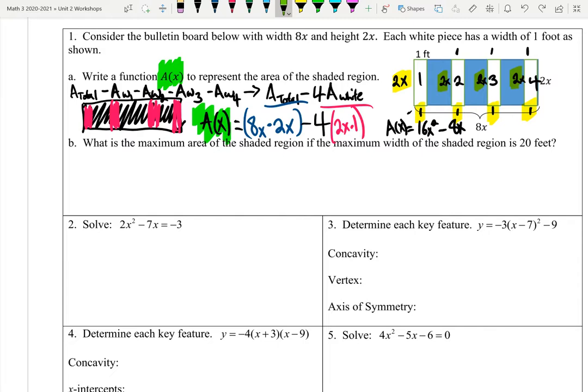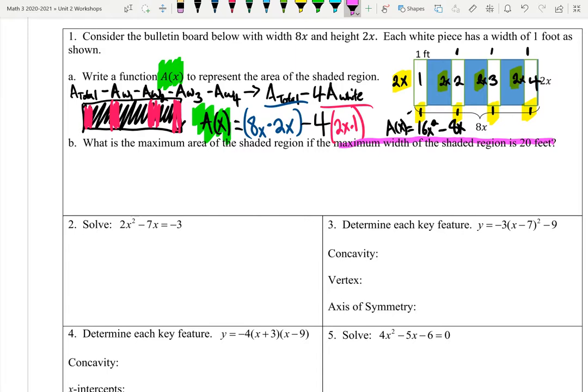So now the next request is, what is the maximum area of the shaded region if the maximum width of the shaded region is 20 feet? So zoom in here. The maximum width of the shaded region is 20 feet.